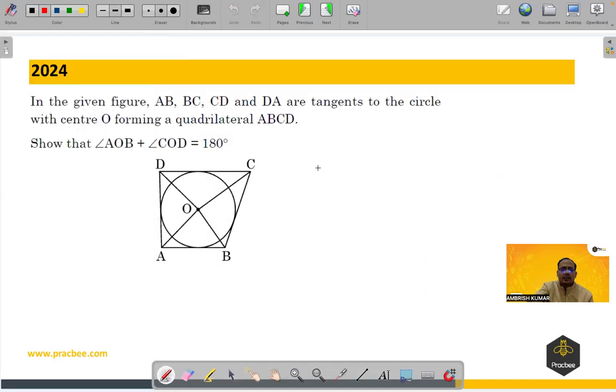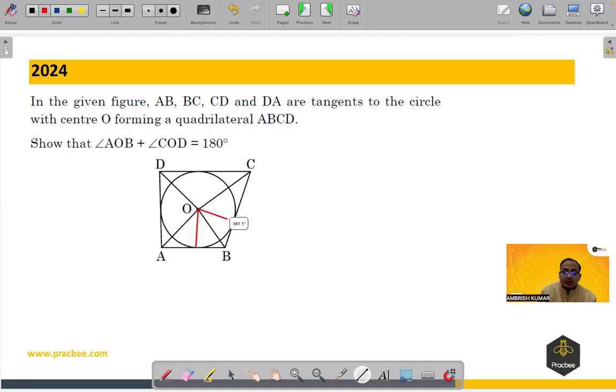In this question, AB, BC, CD, DA are tangents to the circle with center O forming a quadrilateral ABCD, and we have to prove something about angle AOB. First, what you can do is join the point of contact with the center.